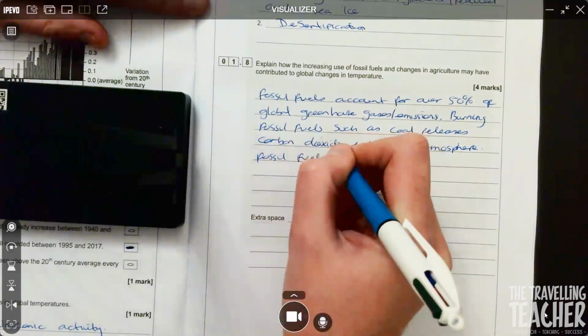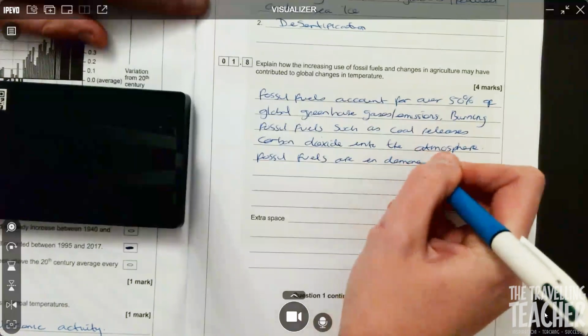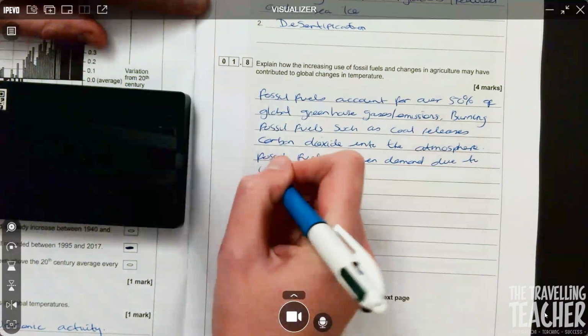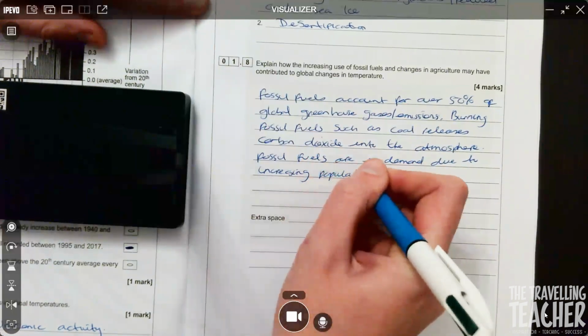Fossil fuels are in demand due to increasing population.